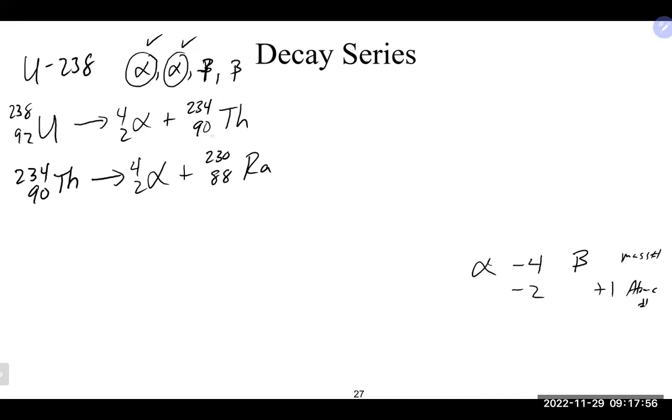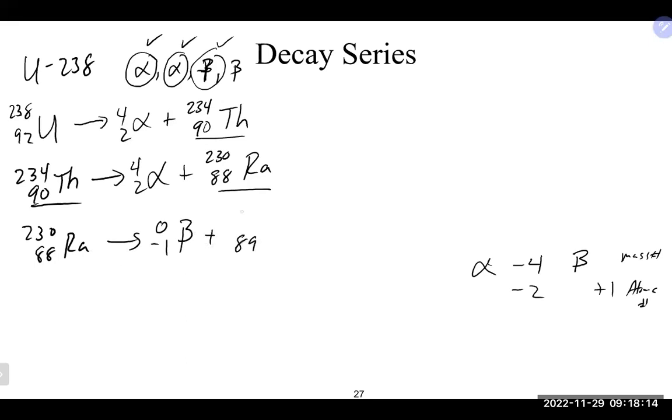We then would take this guy, and he would then go through the next decay process, which in this case of my made up one would be a beta decay, which means we would do our beta particle, which means we would gain a proton and go 89 and 230. Again, 89 here would be Ac.